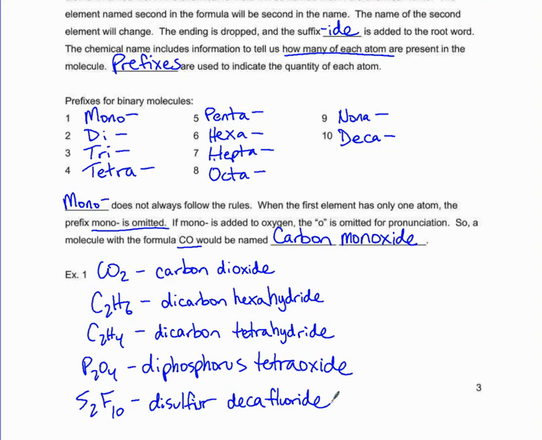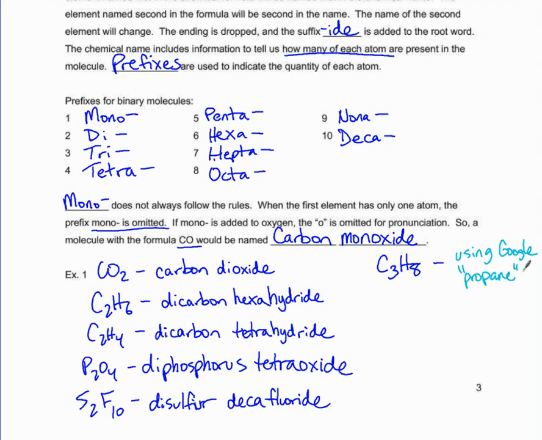Here's a couple others. So let me give you one here. C3H8. And under our naming system, we can give it a specific name. Now, if you were to Google this, and let me write this in a different color. So using Google will tell you that this is propane.